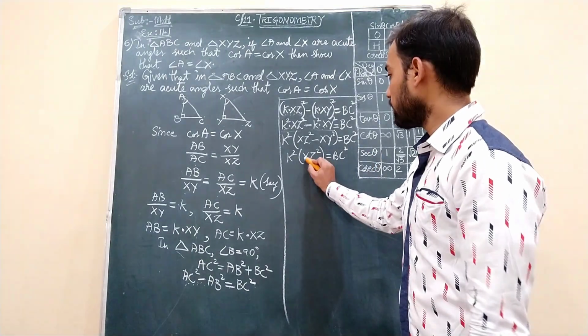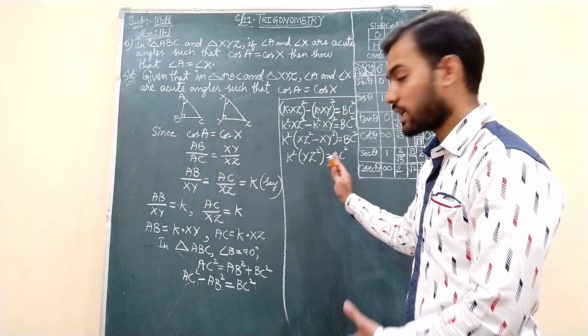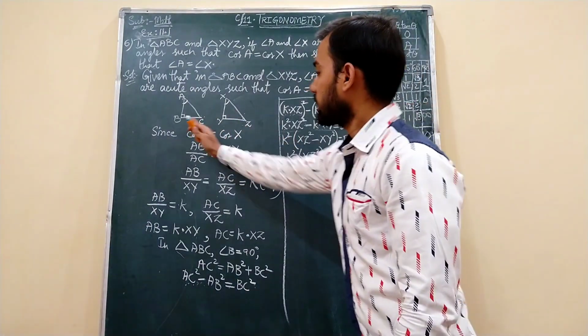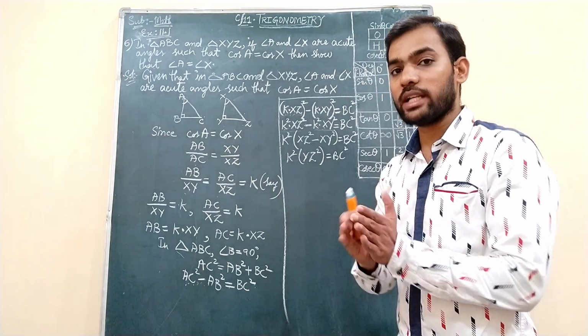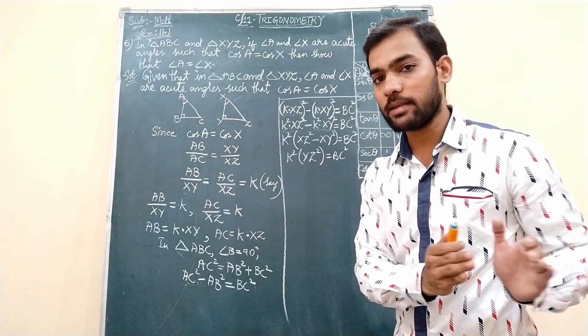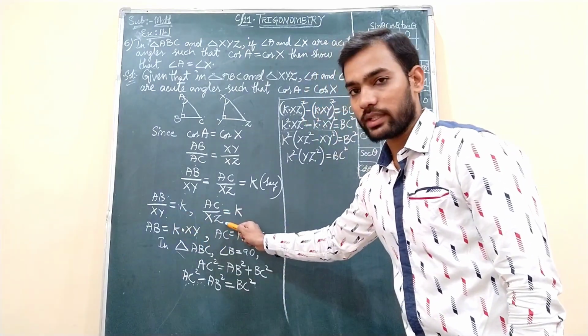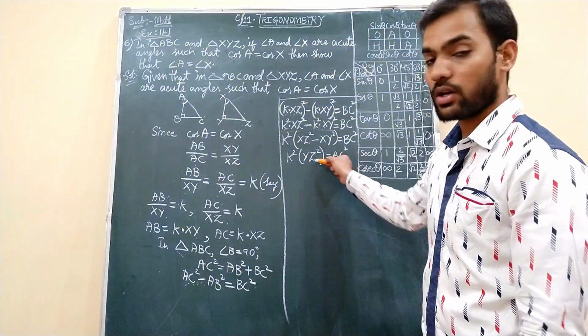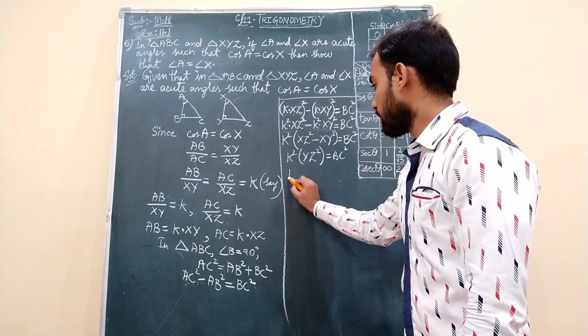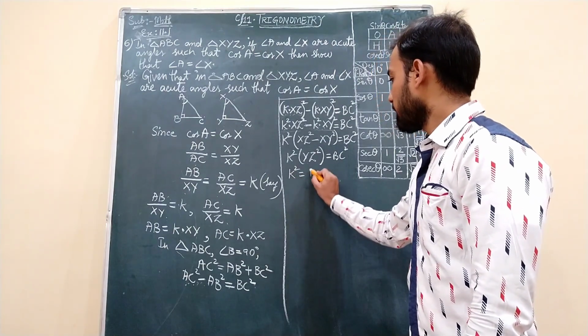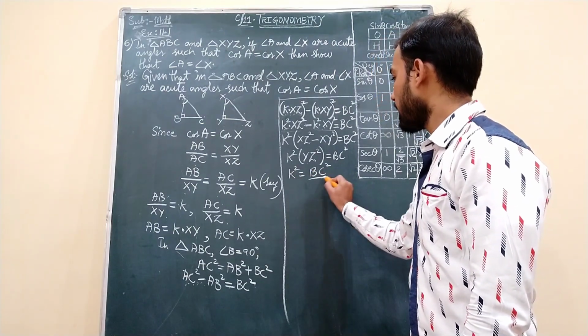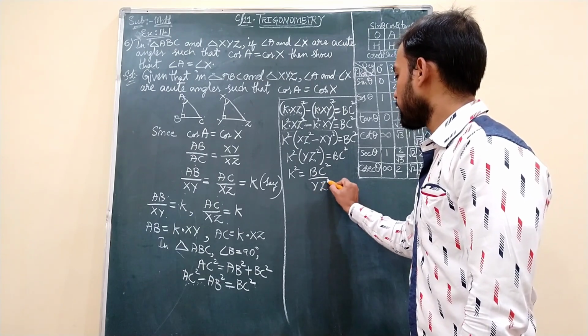Okay. Now what I will do, I will transpose this YZ square this side, because BC and YZ are the corresponding sides of the two different triangles. So I will take them all together as we did over here. AB along with XY, AC along with XZ. So here we will do BC along with YZ. So K square is equal to BC square by YZ square.